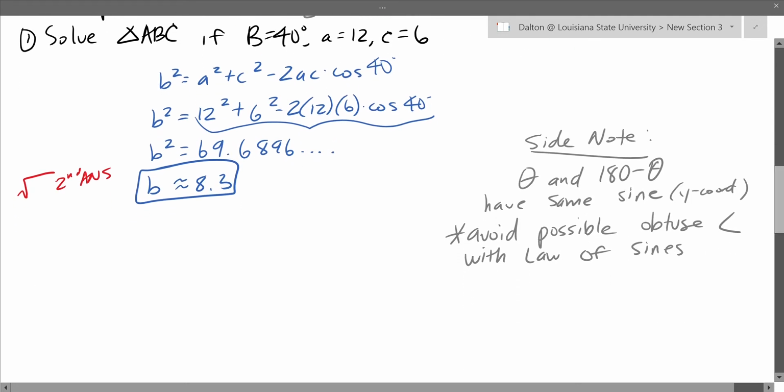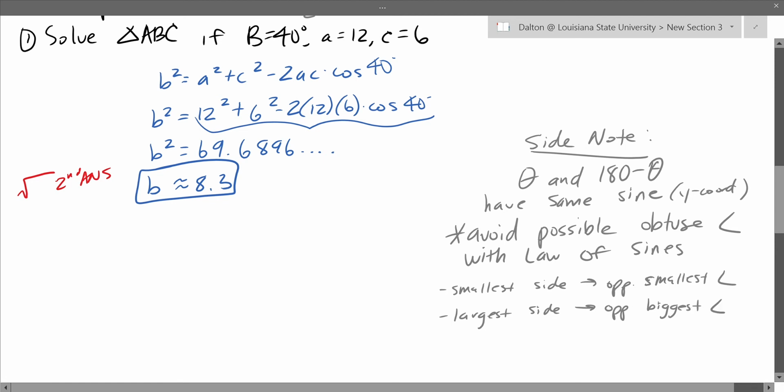Well, if you recall back from your geometry days, these are just properties of a triangle. The smallest side is opposite the smallest angle in a triangle. And on the other token, the largest side, or the biggest side, is opposite the biggest angle.